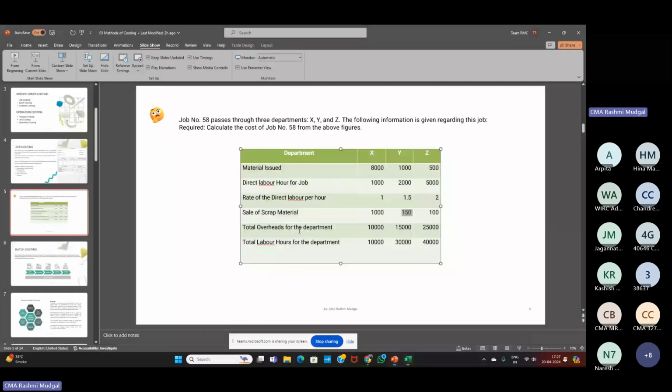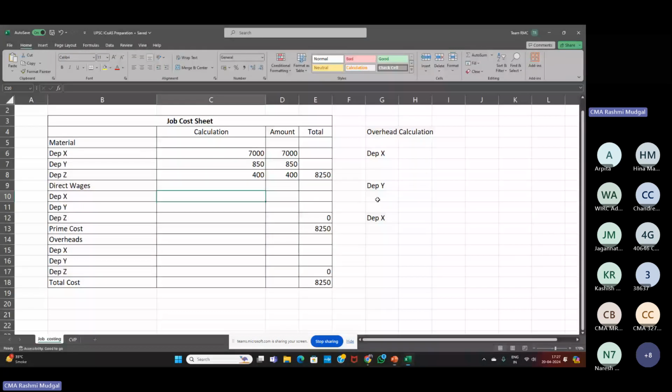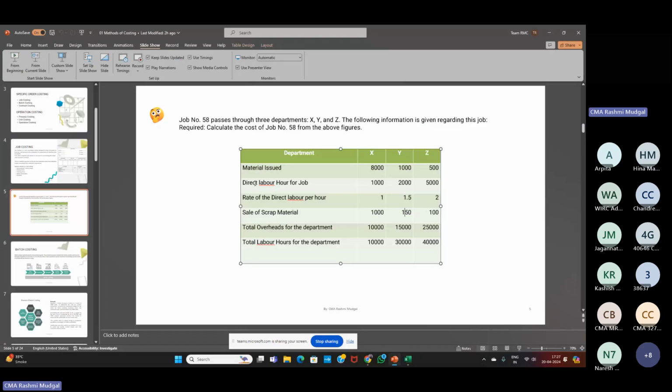So we can see the labor rate of 1,000 has already been given, and 1,000 multiplied by rupees 1 is here. Next, how many hours, 2 hours, and the rate per hour is 150 rupees.